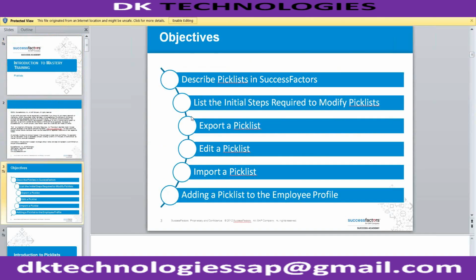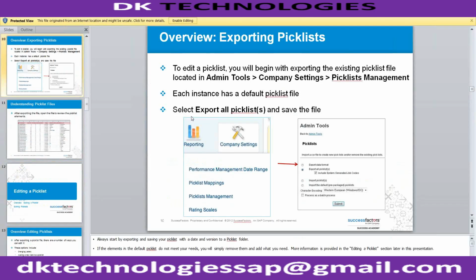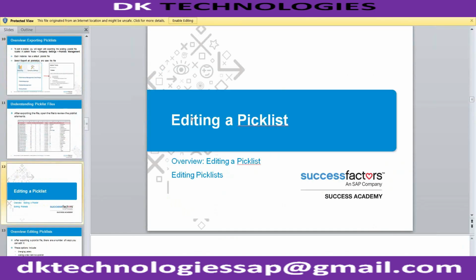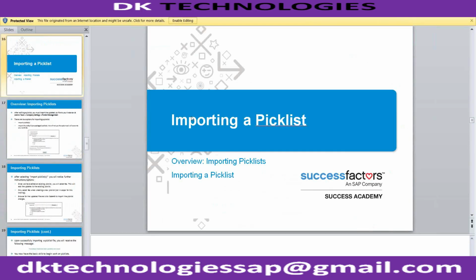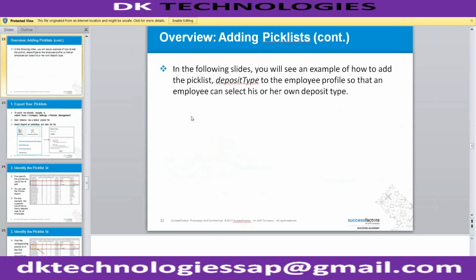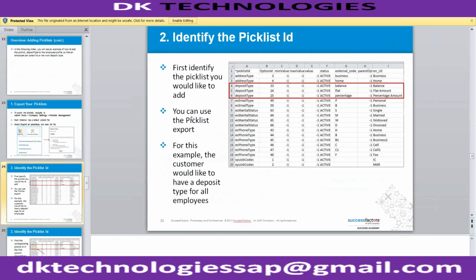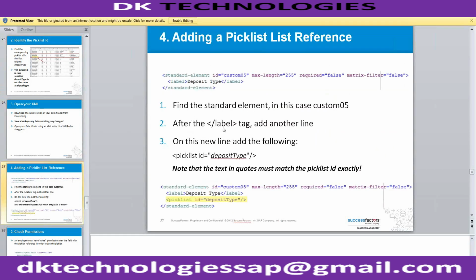So this is your pick list management documentation that I shared with all of you guys. And here you can see this is how you are going to add your pick list tag.